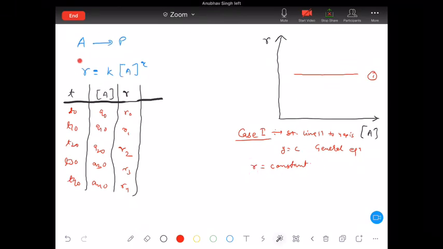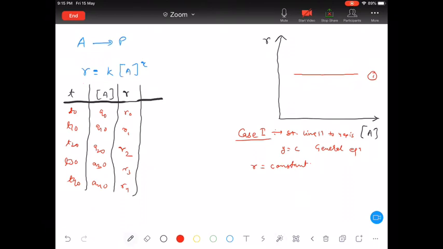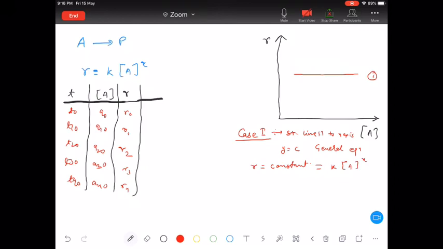If R is coming out to be constant, let's equate this equation with this one. If I equate it, it will be R equals K A to the power X, so X must come out to be 0. Or y equals mx plus c, if I am writing, plus k, or rate constant, whatever you want to write.